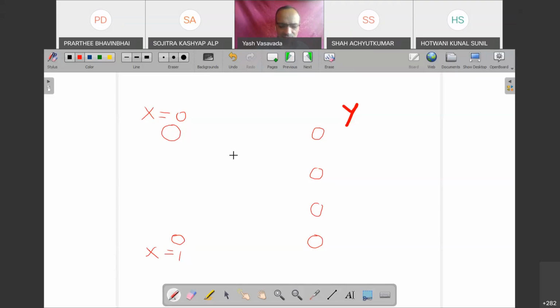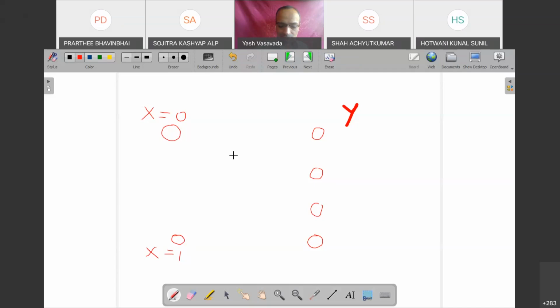Sir, I have taken the prior as the probability of x is equal to 1 given y is equal to 1, instead of the probability of x is equal to 1.